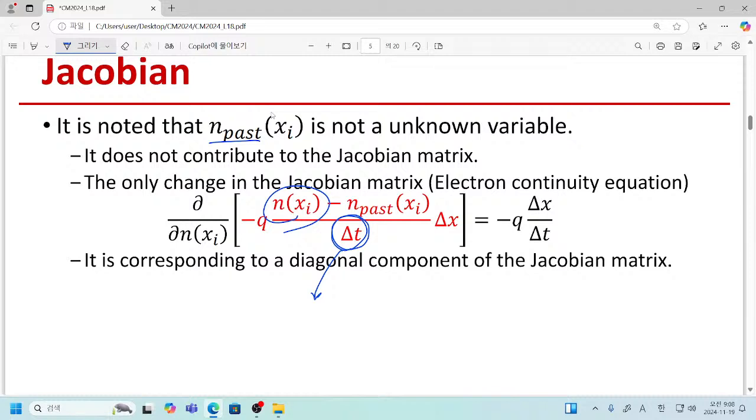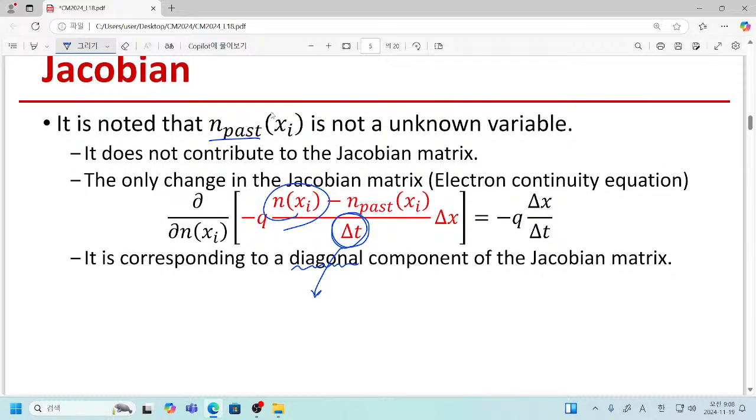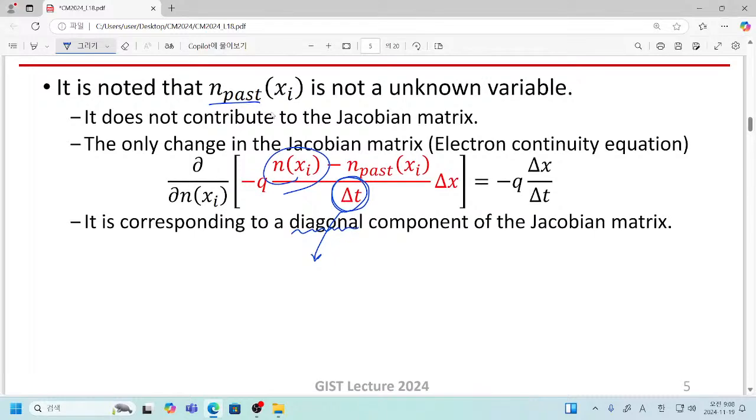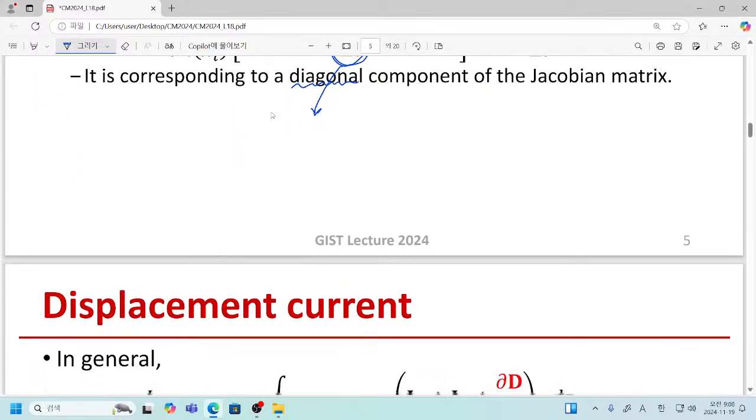Once the time step is given, this is just a fixed number, so we don't have to change the Jacobian matrix. Also it corresponds to a diagonal component, so it is easy to modify our Jacobian matrix.